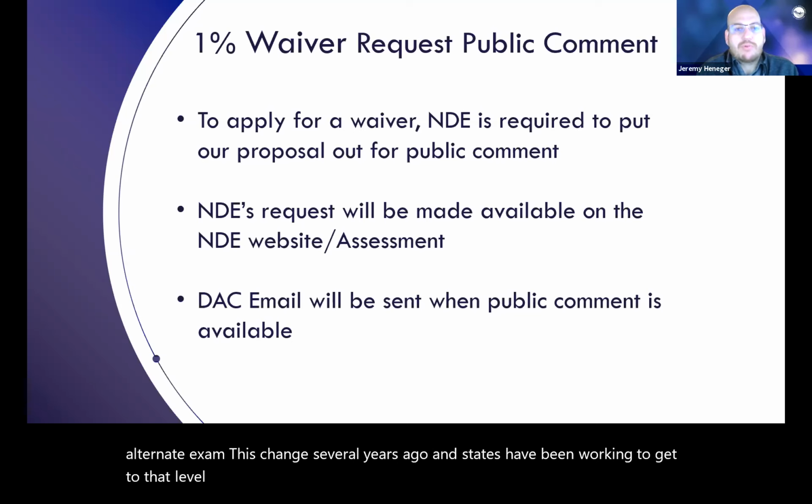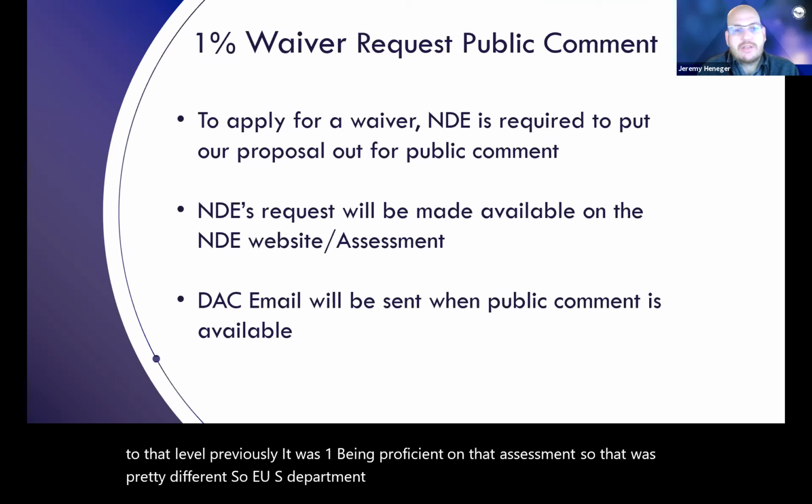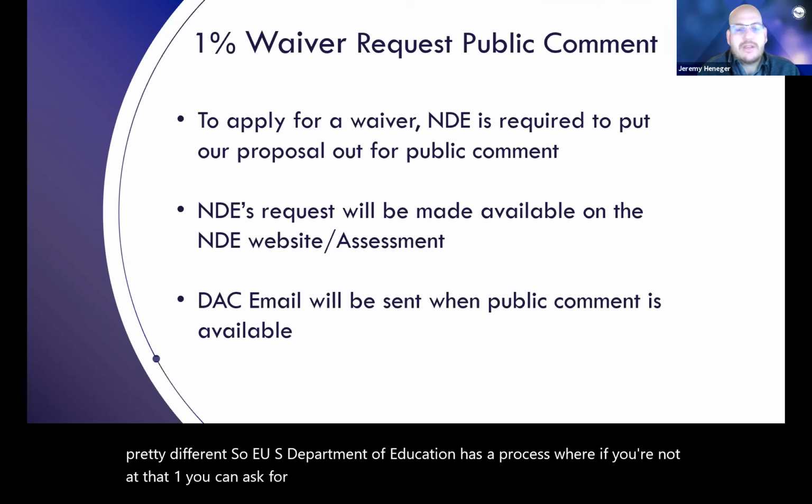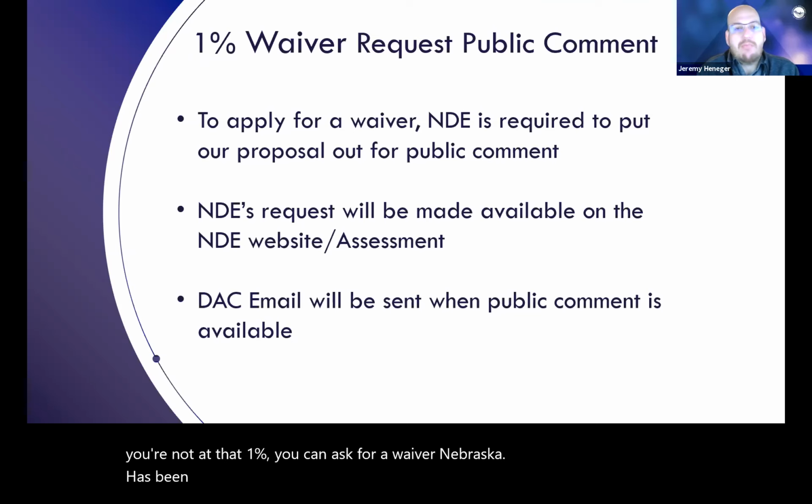Previously, it was 1% being proficient on that assessment, so that was pretty different. The U.S. Department of Education has a process where if you're not at that 1%, you can ask for a waiver. Nebraska has been doing a great job. We've been right around that 1% for the last several years.